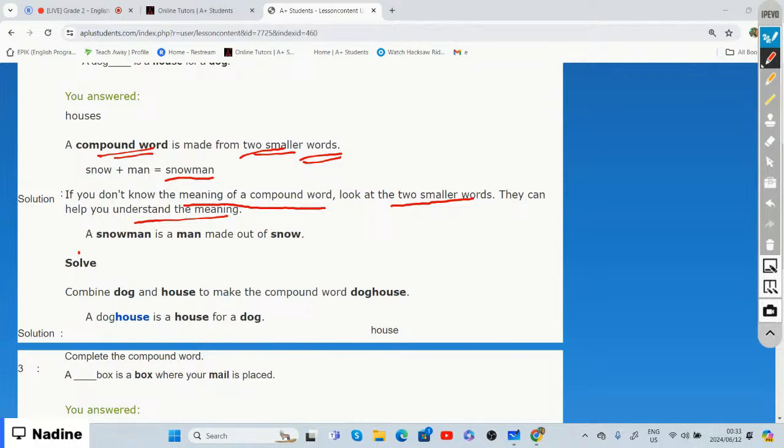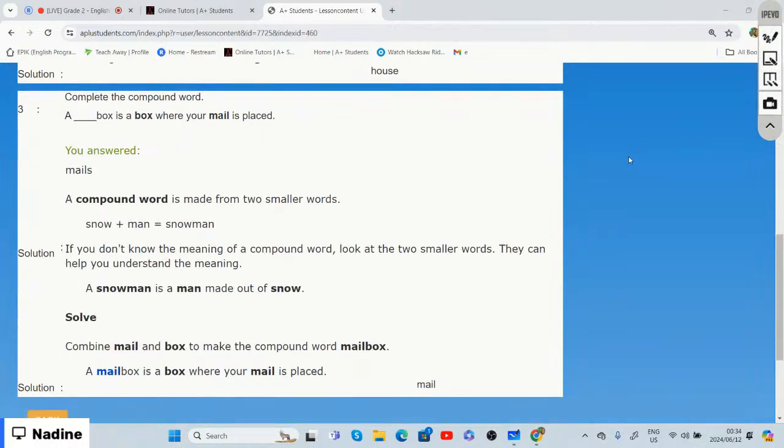So if you don't know the meaning of the word, you can just look at these two words that you joined in order to get that one word and try to find the meaning of those two smaller words. And we said a snowman is a man that is made up of snow. Yes, and we have a dog house, which is a dog that has a little house.